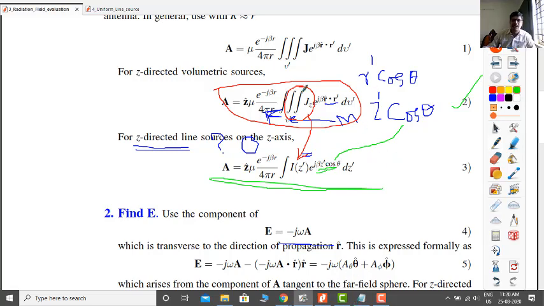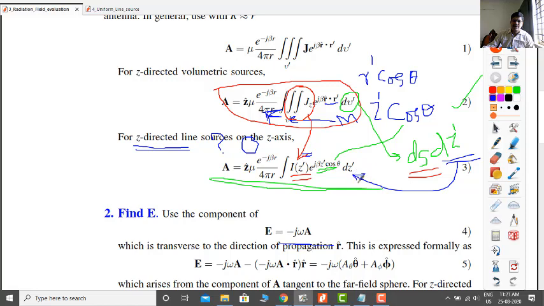The rest will be the same. Since the double integral becomes I of z, the volume integral can be split as a surface integral with a line integral. The line is along the Z axis, therefore the double integral of J_z along with dz becomes I of z, and the leftover dz stays here.